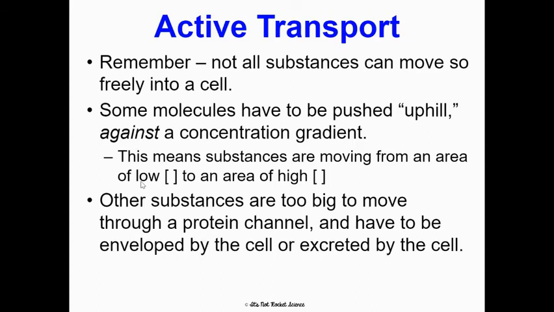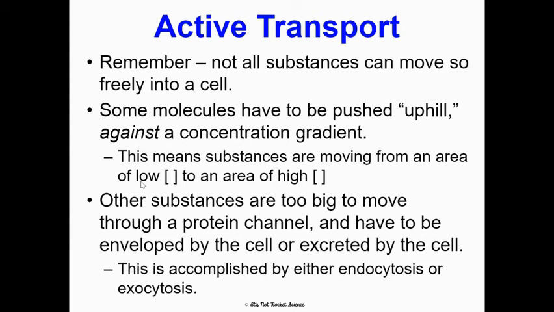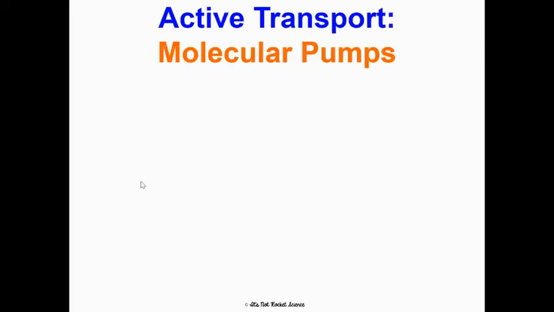On the other hand, some substances are just too big to move through a protein channel. So even if they might be going down their concentration gradient, it doesn't matter. They're just plain too big. And so they have to be enveloped by the cell or excreted by the cell in a different way. They're not going to fit through that channel. And this is where we get into the endocytosis or exocytosis that we'll talk about in a minute.